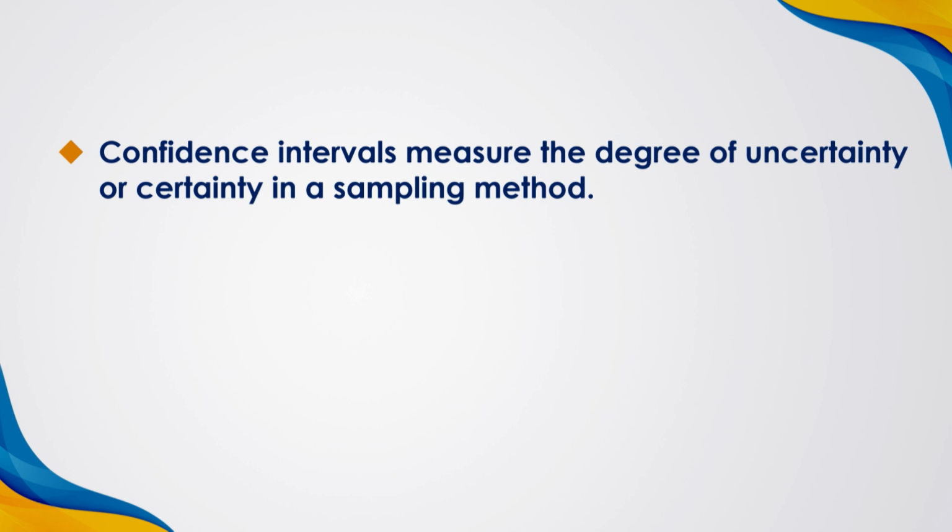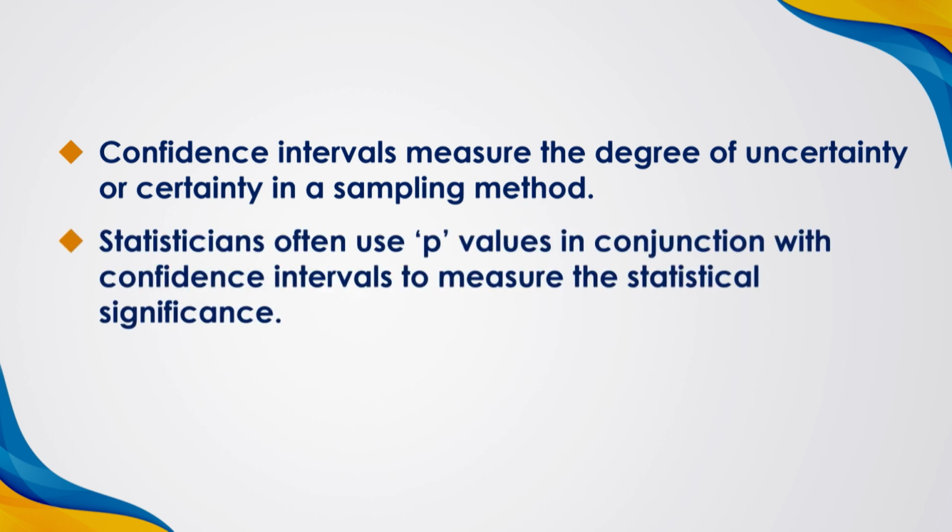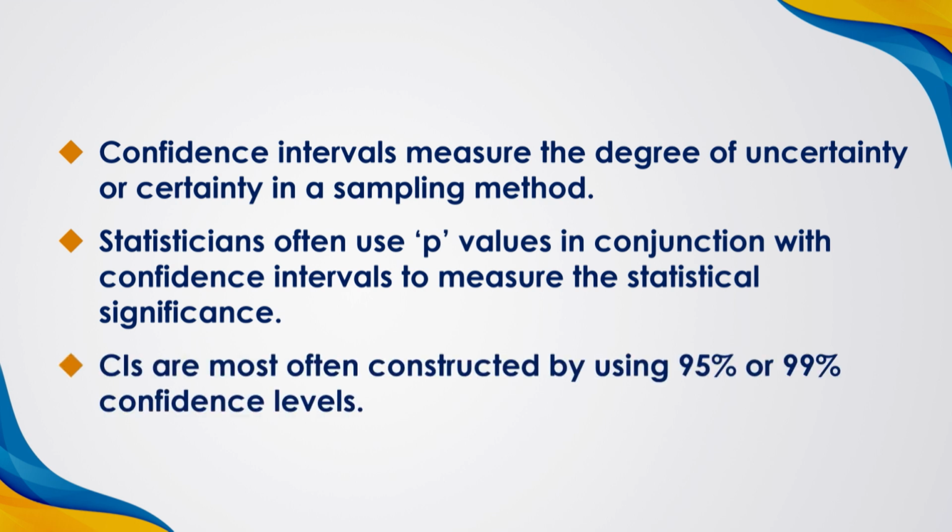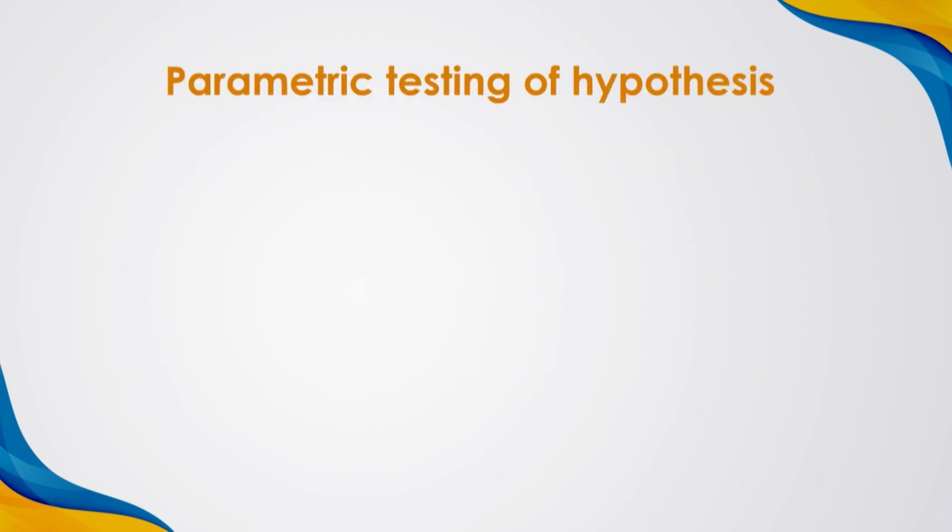Confidence intervals measure the degree of uncertainty or certainty in a sampling method. Statisticians often use p-values in conjunction with confidence intervals to measure statistical significance. Confidence intervals are most often constructed using a 95% or 99% confidence level.